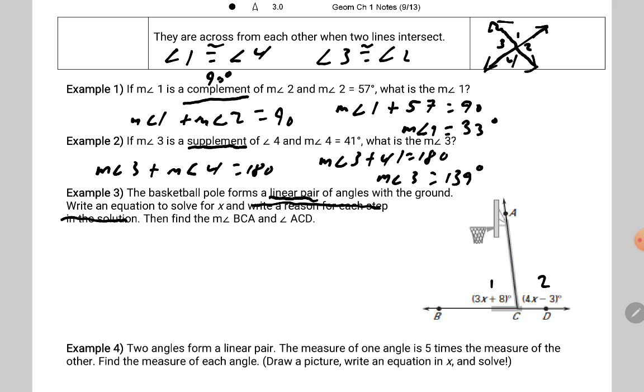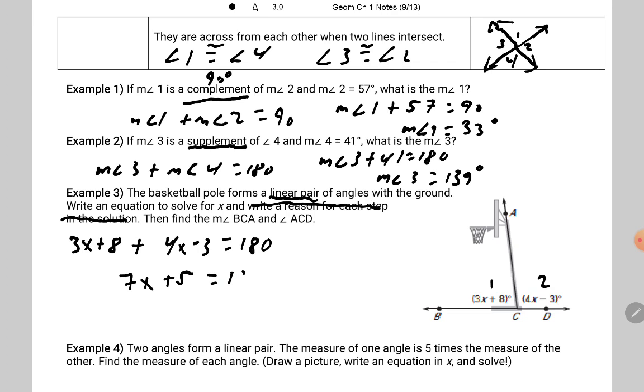So two angles added together equals 180. So I have 3x plus 8 for my first angle, plus my second angle, 4x minus 3. And that equals 180. So I have 7x plus 5.